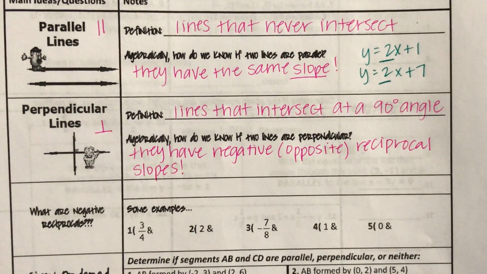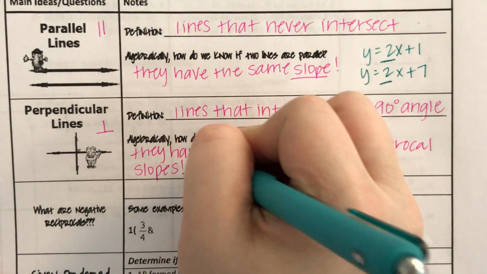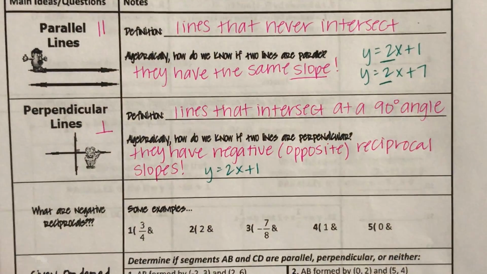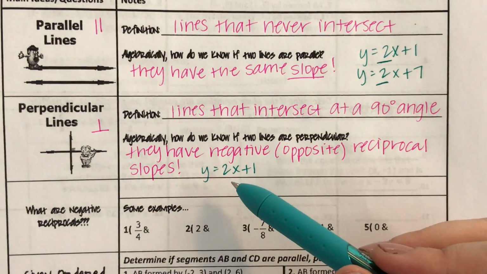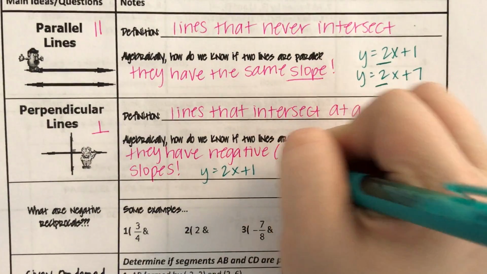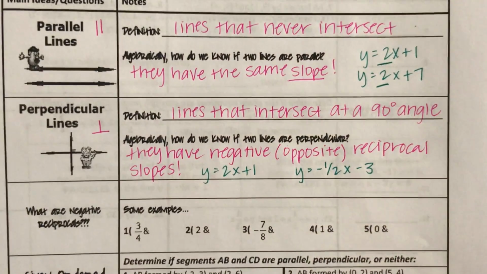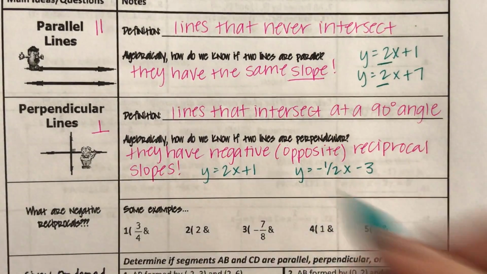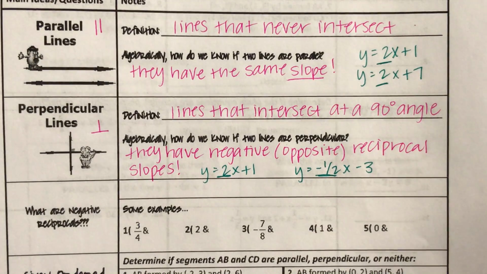So here's a couple examples that I want you to write down again of two lines that have opposite reciprocal slopes. So here's one, y = 2x + 1. Now the opposite reciprocal of 2 would be negative 2, and then the reciprocal of 2 would be 1/2. So the perpendicular line to this guy would have a slope of negative 1/2. Okay? So this is positive 2, negative 1/2. We make it negative and then we flip it over.